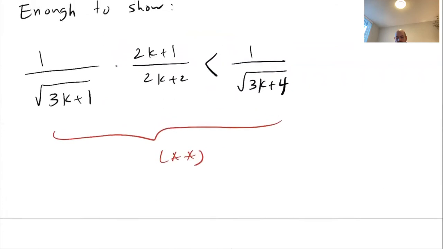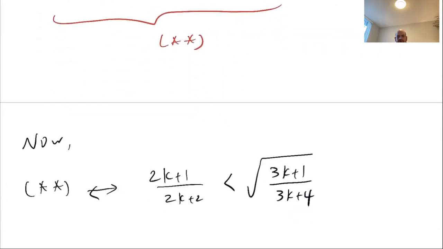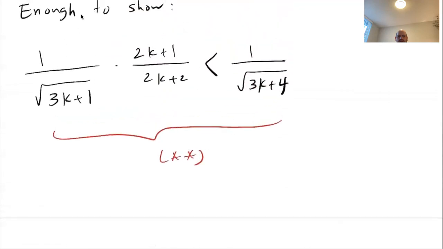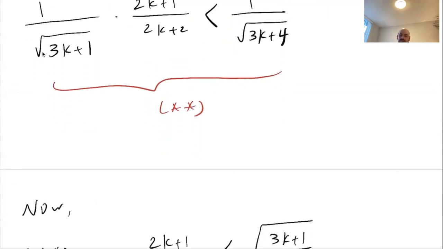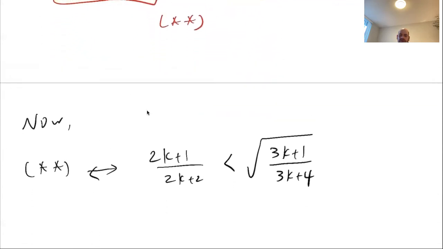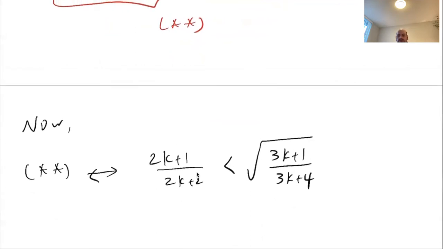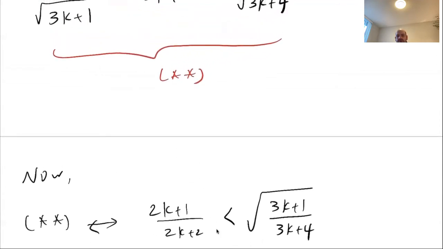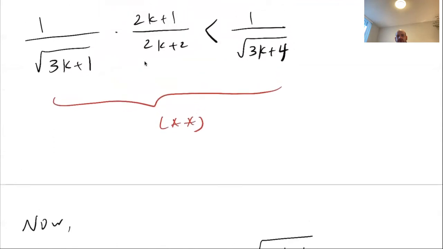Why? Well, because to go from this inequality to this inequality, it's enough to multiply both sides by root of 3k plus 1, which is of course a positive number. And if you want to go from bottom to top, similarly, you just need to divide both sides by root of 3k plus 1, and then you can go from bottom to top.